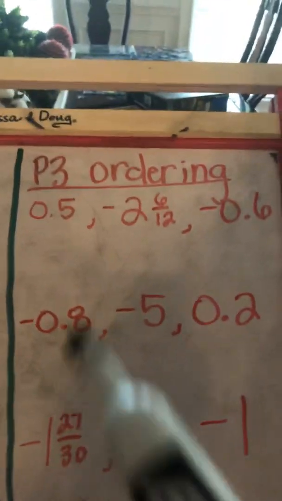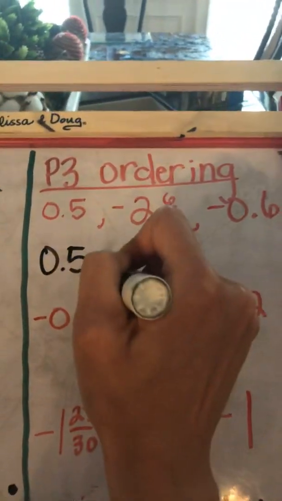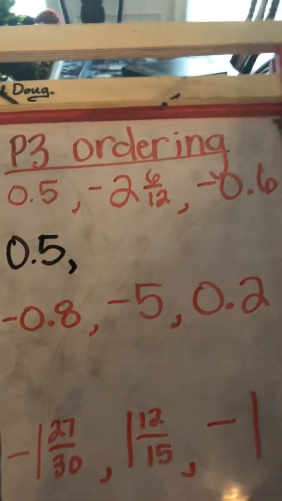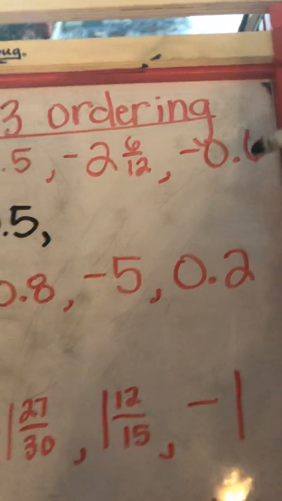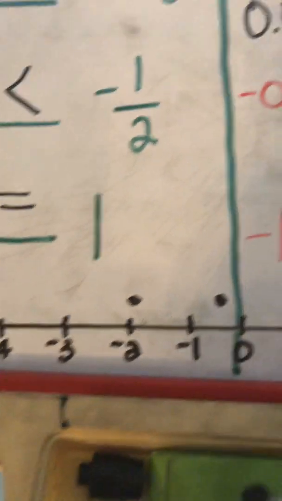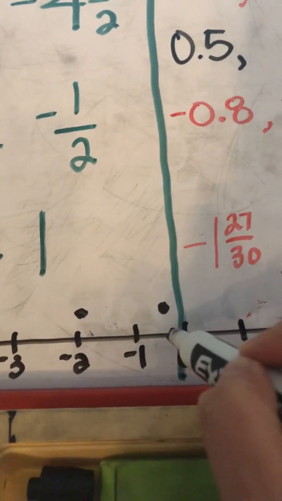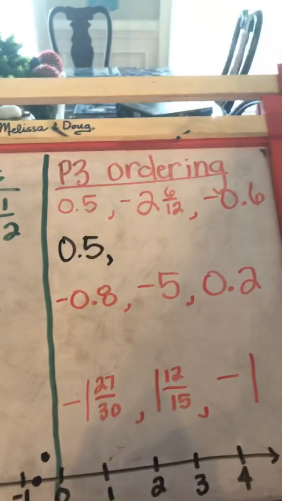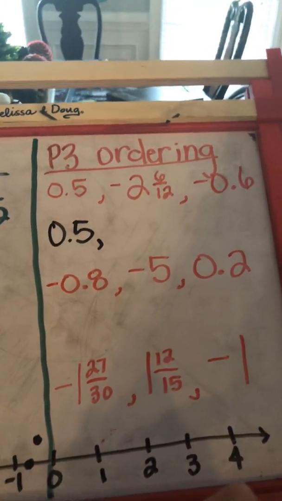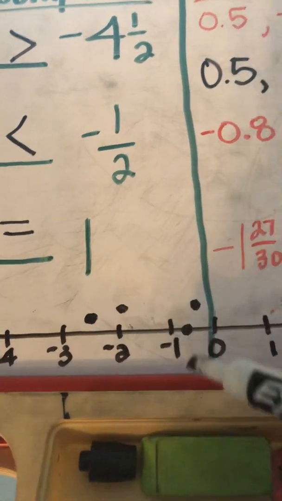So I know that my greatest is my positive, so I'm just going to go ahead and put 0.5. And then I've got two negatives. Well, if I go down to my number line right here, negative 0.6 would be a little bit less than halfway. And then negative 2 and 6/12 would be negative 2 and 1/2, which would be right here.